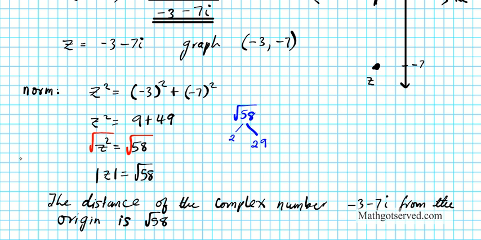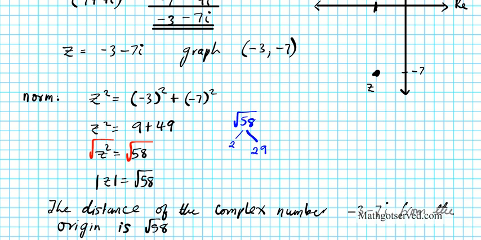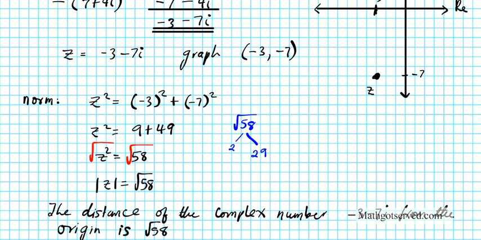Let's indicate that in the graph that we just constructed. We can show what this solution means graphically. From the origin to the point, this length right here, this distance is root 58. So this distance is the absolute value of z and is equal to root 58. Alright, so there you have it.